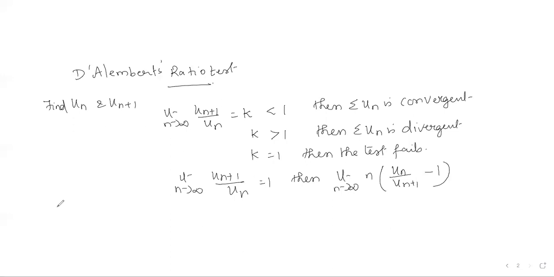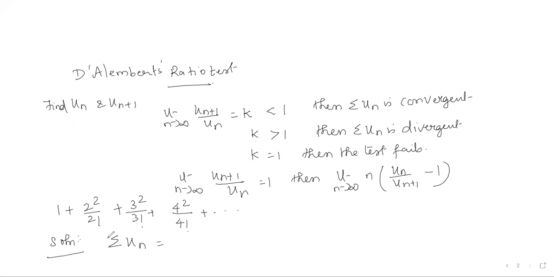Discuss the convergence of the series 1 plus 2 square by 2 factorial plus 3 square by 3 factorial, 4 square by 4 factorial plus etc. So first let us find out un and un plus 1.